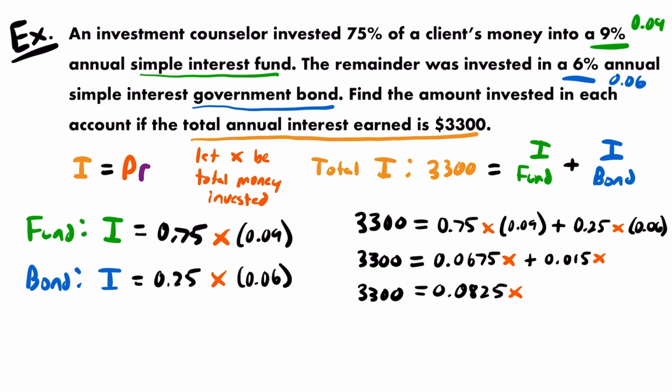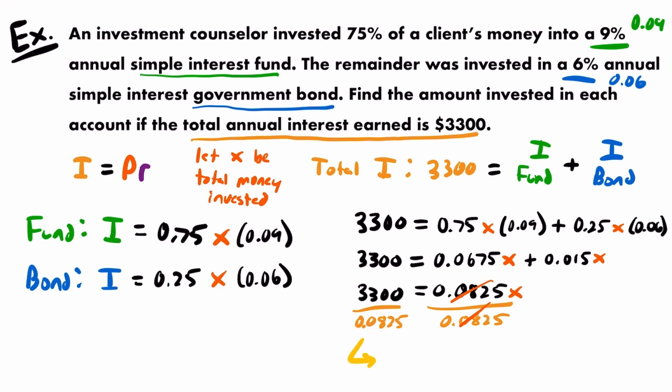And now, all we have to do to solve for x is divide both sides of the equation by this coefficient of x. So divide both sides by 0.0825, and then these two will cancel out, just leaving you with x is equal to 3,300 divided by 0.0825.